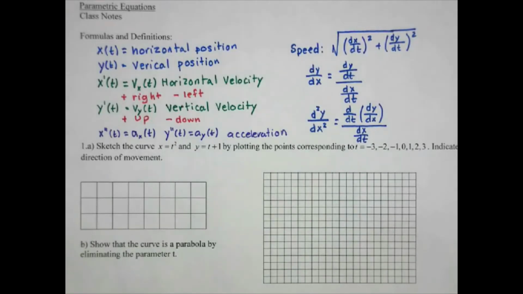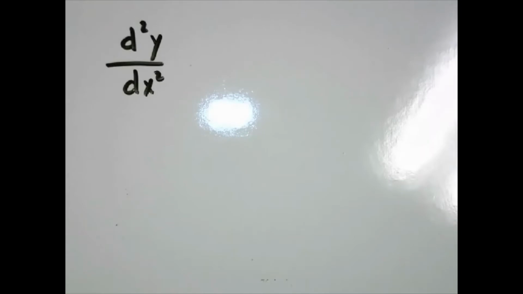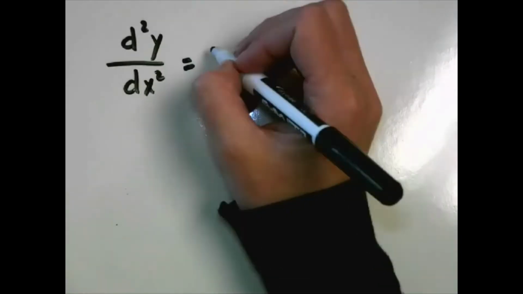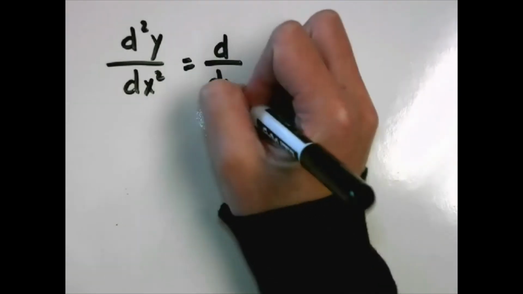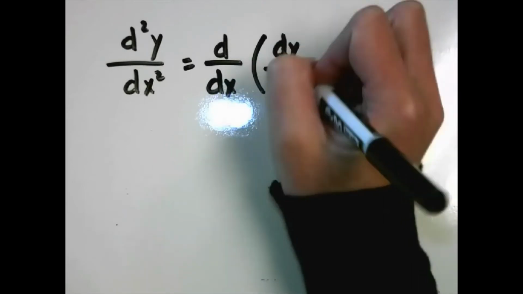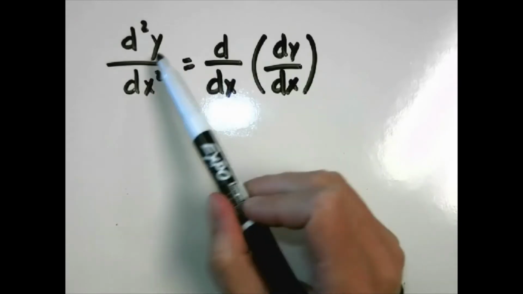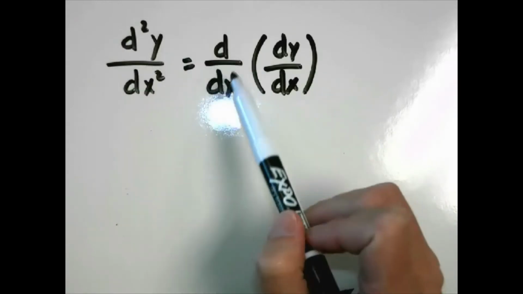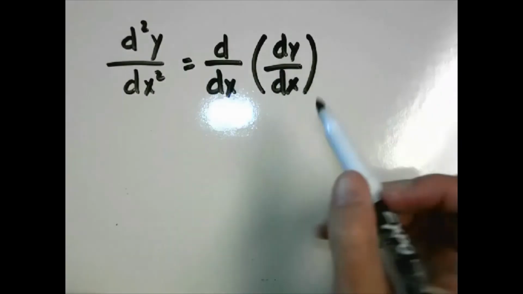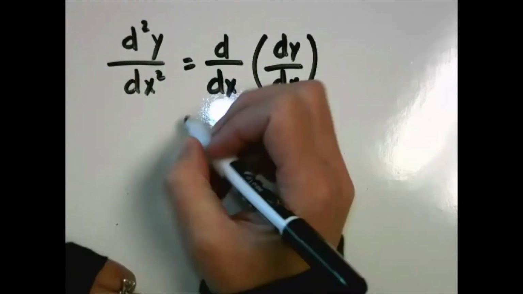I'm going to explain that one a little bit, and then we'll come back to the notes here. I'll include a link in this video right here with another explanation for this. Really, this notation says I want d/dx of dy/dx. That's why this notation is the way it is. It's the derivative with respect to x of dy/dx. Well, there's no t here.